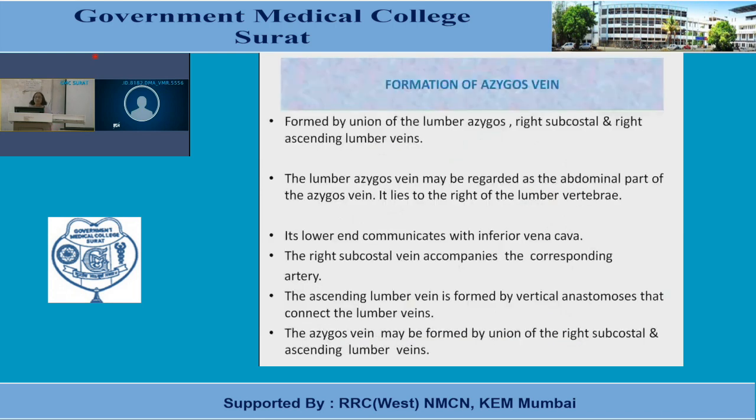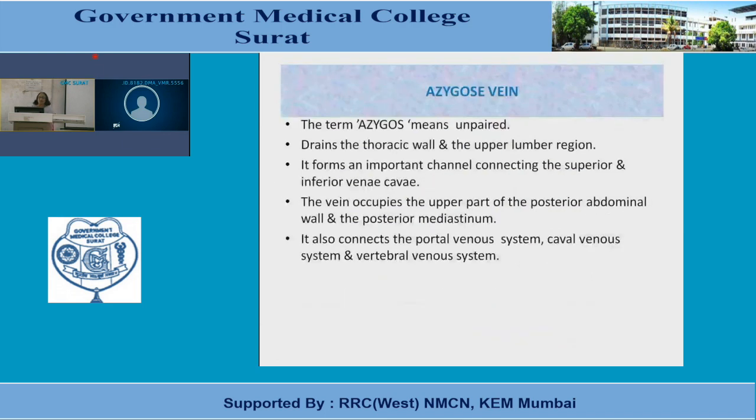Now, the important channel between the superior and inferior vena cava: the azygous vein occupies the upper part of the posterior abdominal wall and the posterior mediastinum. It also connects the portal venous system, caval venous system, and vertebral venous system. This is the important short note for theory.